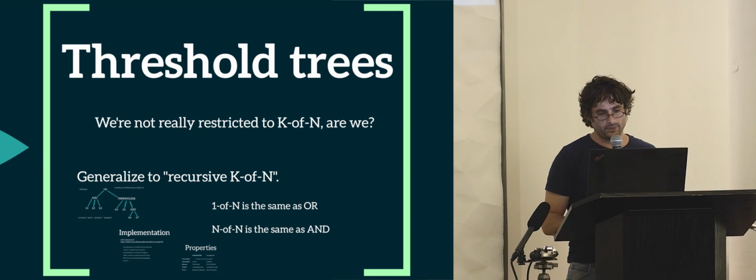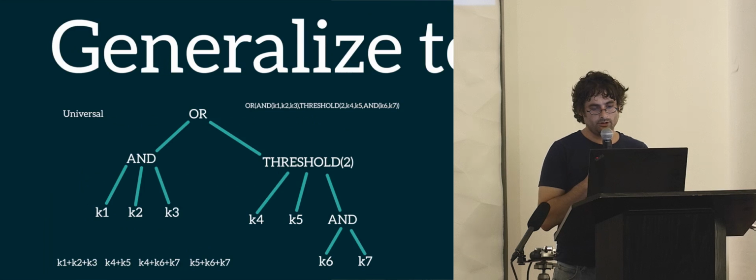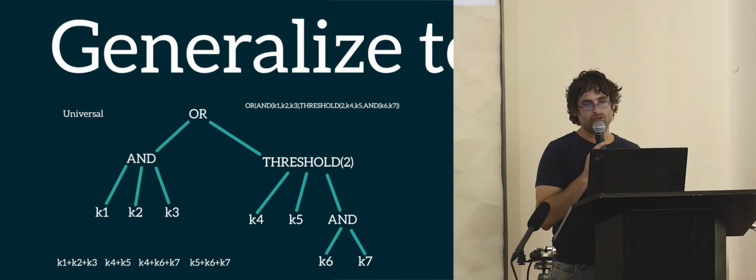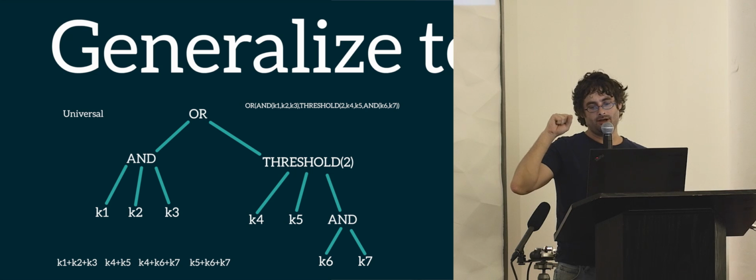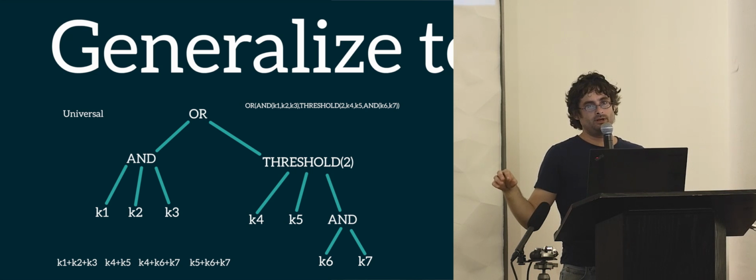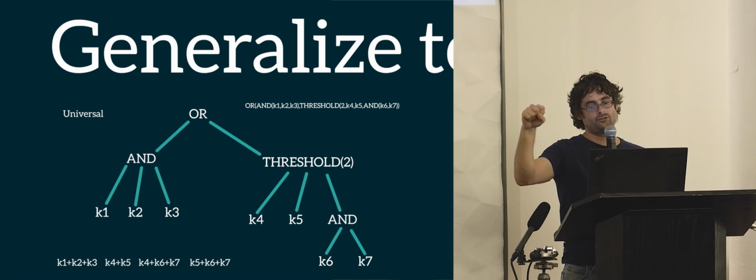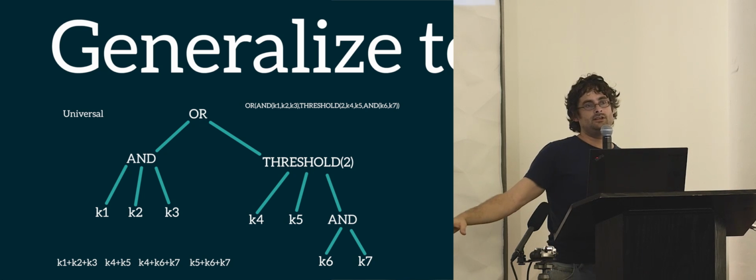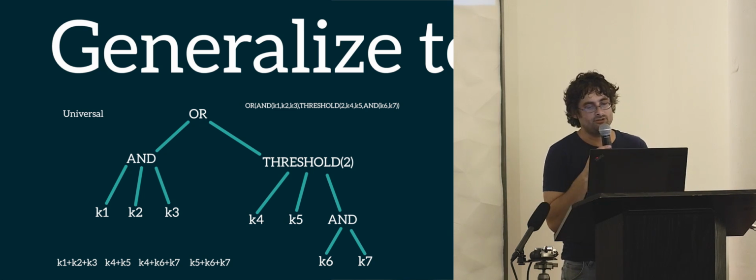So came up with this idea of using a threshold tree, which is a tree structure in which every leaf in the tree is still a public key, and every inner node is some combination. It says n out of the levels below need to be satisfied.